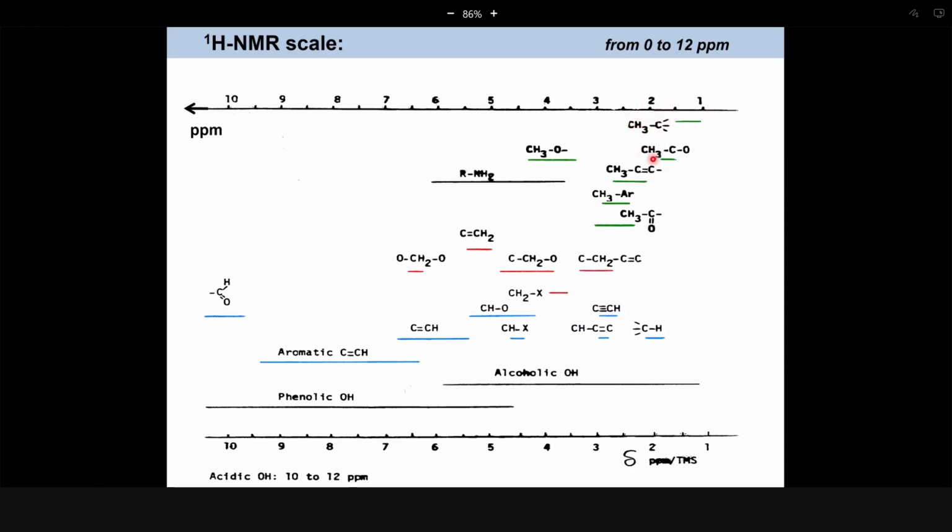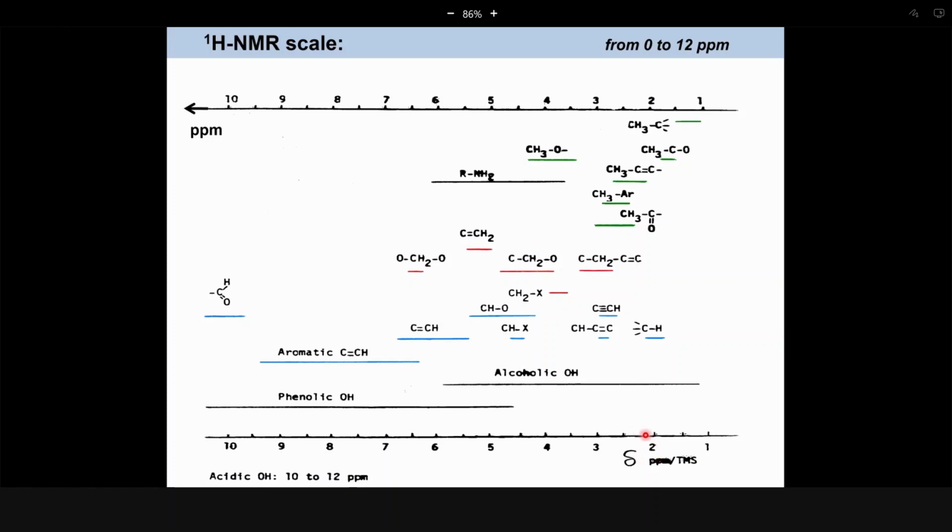But if the methyl, for example, is on a carbon bearing an oxygen, then the chemical shift will be a little bit higher, 1.5 ppm, and so on. So you can see on this table that depending on the chemical groups, the heteroatoms, or the double bonds or triple bonds you have in the structure, the protons or the carbons will not have the same frequency of resonance, and so not the same chemical shift.